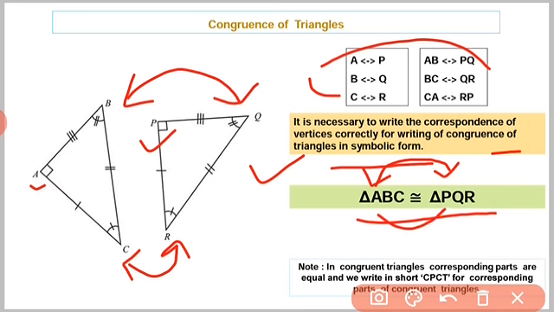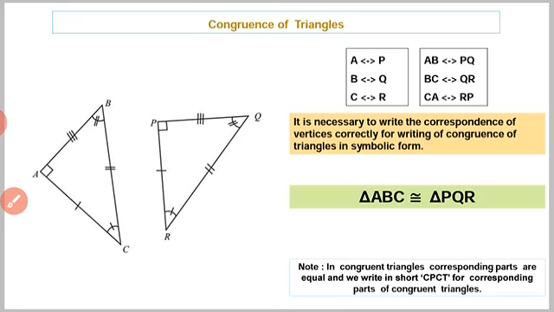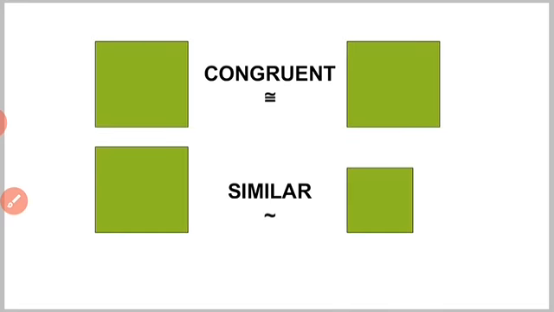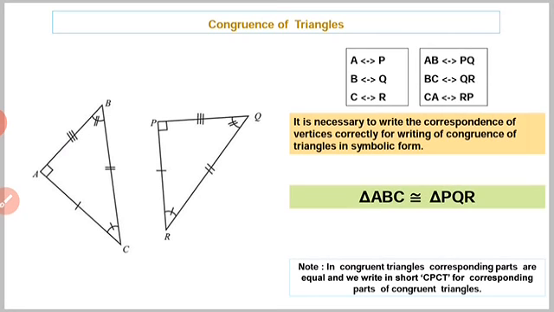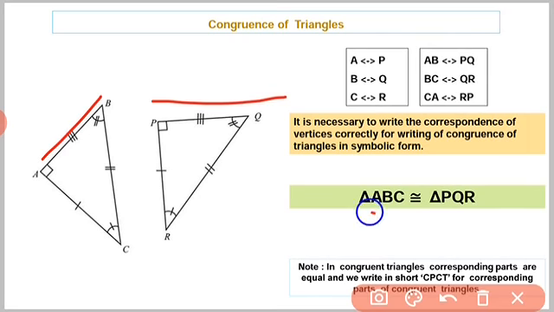A, P, and B, Q are corresponding, so write them in the same places, whereas C corresponds to R. And when we see sides, AB corresponds to PQ. So AB, PQ. It is necessary that you write the correct vertices.